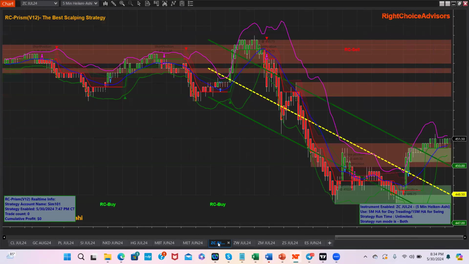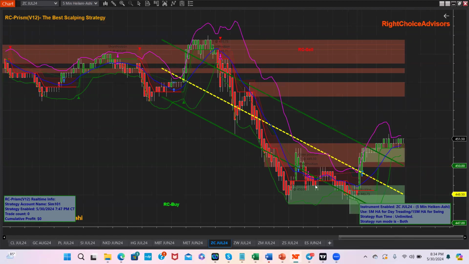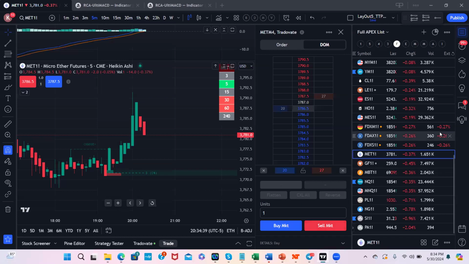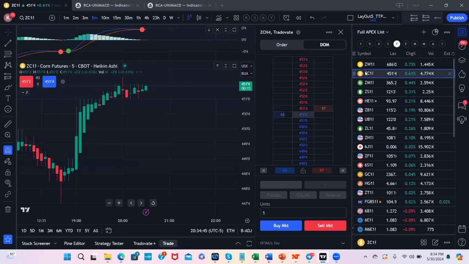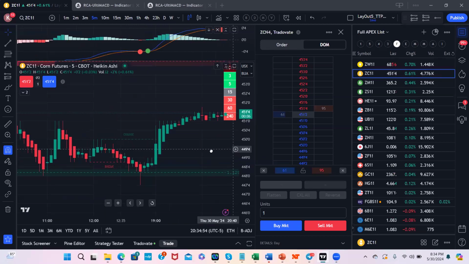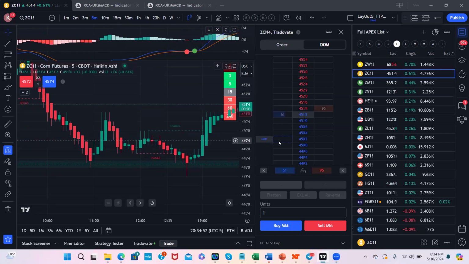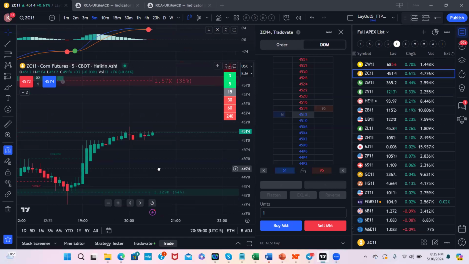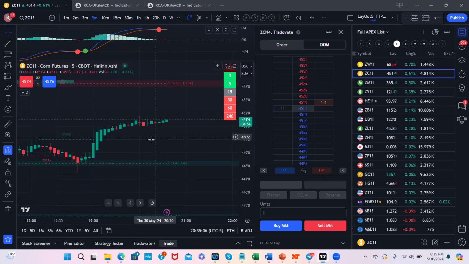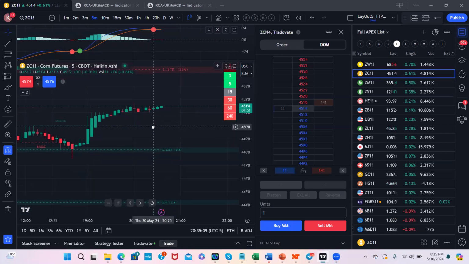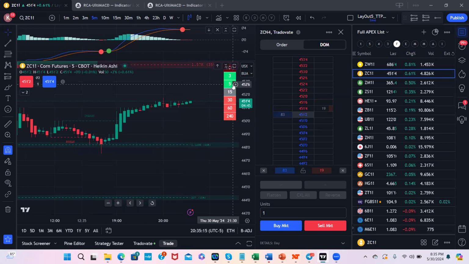Now the next one is ZC, corn. Smaller time frames, it is bullish.